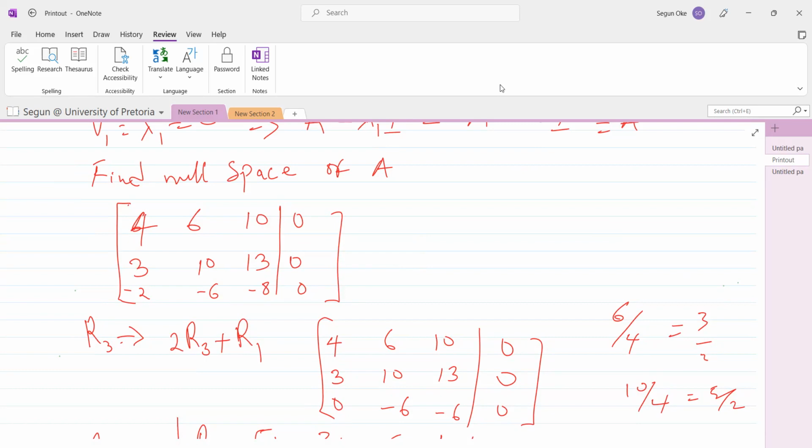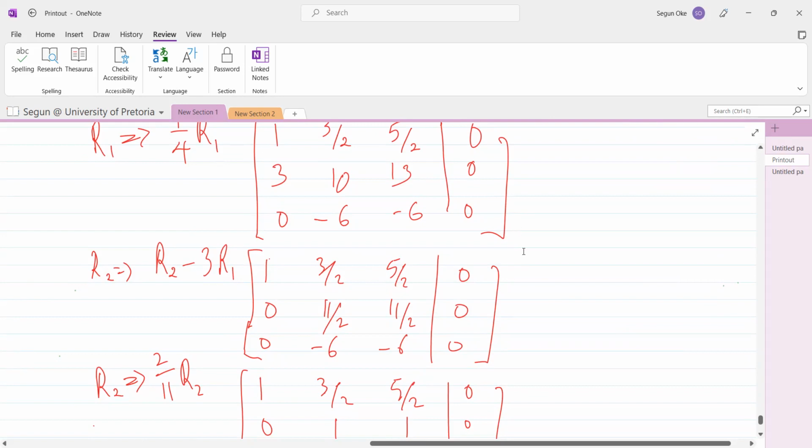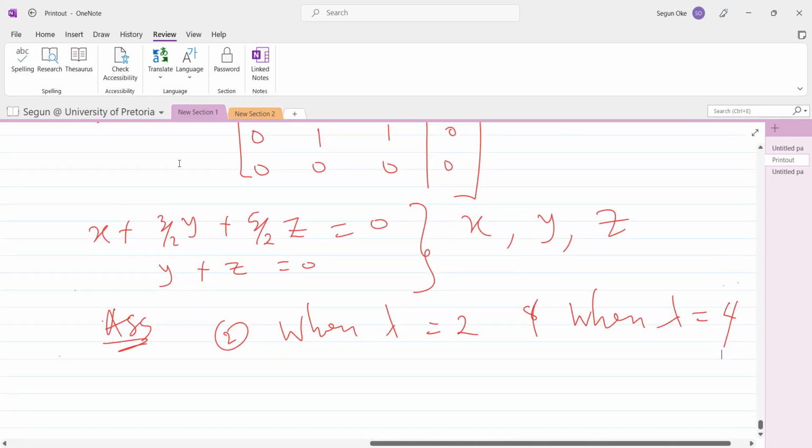Is that okay? Solve for when lambda equals 4 and when lambda equals 2. Solve everything, complete the question, and scan it to me. Okay, sir. Any question? Yes, sir.